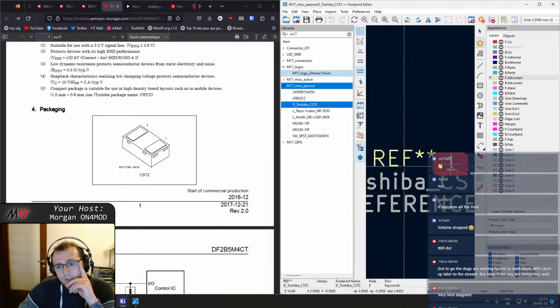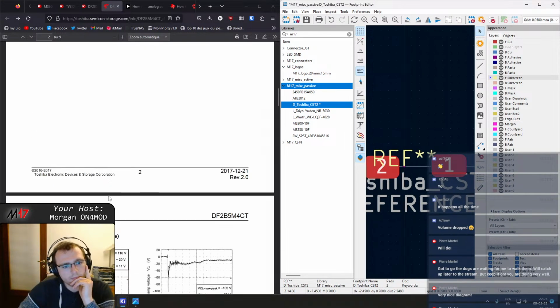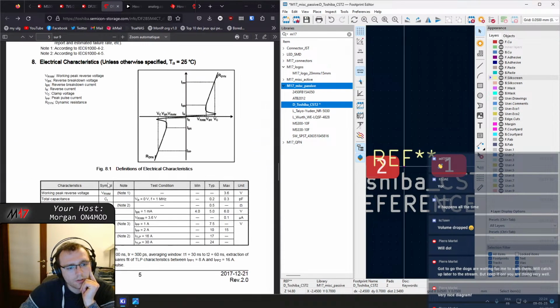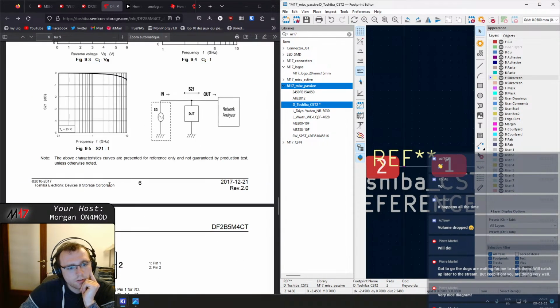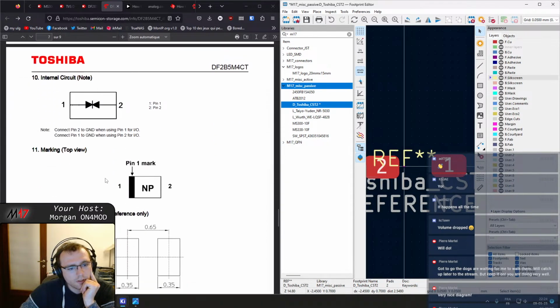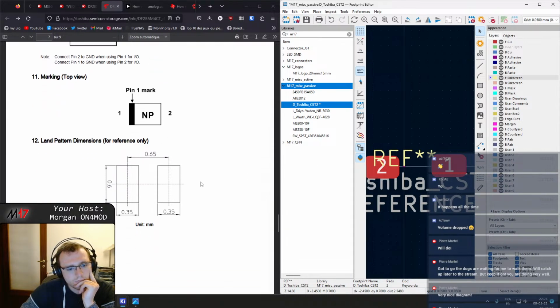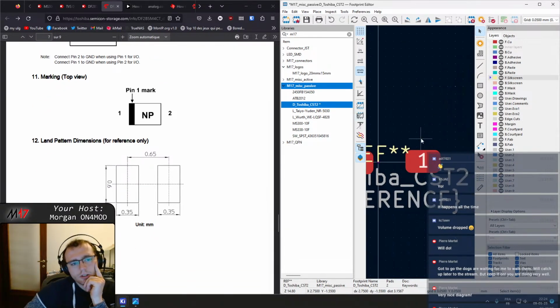So it would be one pad, second pad. So I guess it doesn't have any polarity whatsoever. Yeah, okay. Oh, yeah, they do have a pin 1 marking. Then we will do that too.